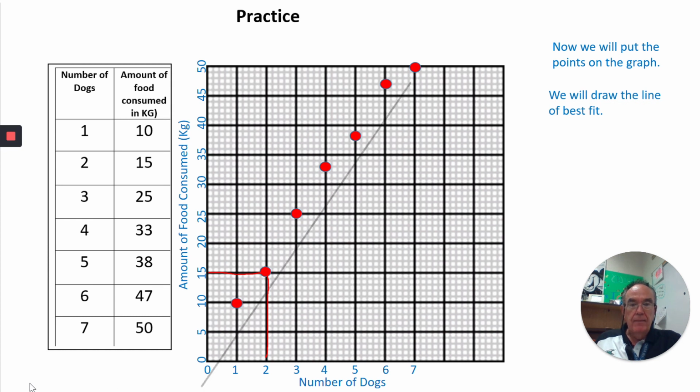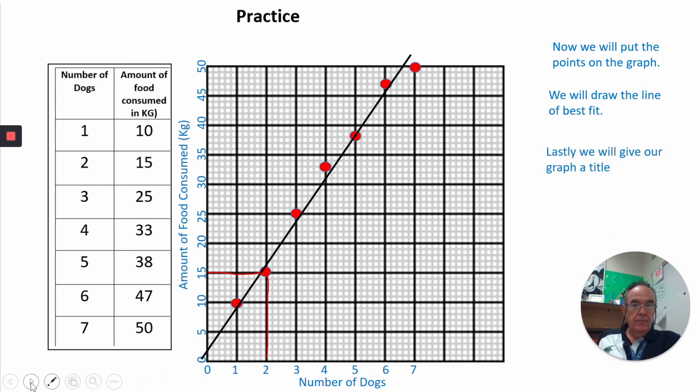The line of best fit usually goes through most of the dots. In this case, I have 2 that are slightly above, and I have 2 that are slightly below, and it goes through most of the dots. Now we could extend this line and make a prediction of how much food 8 dogs would consume.